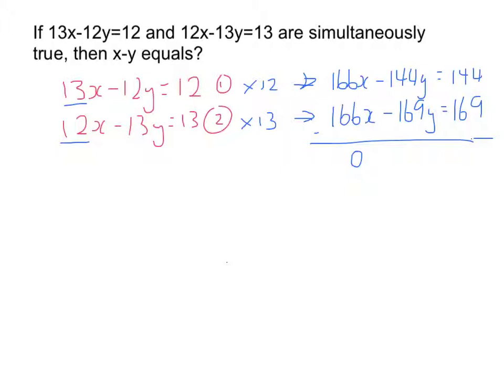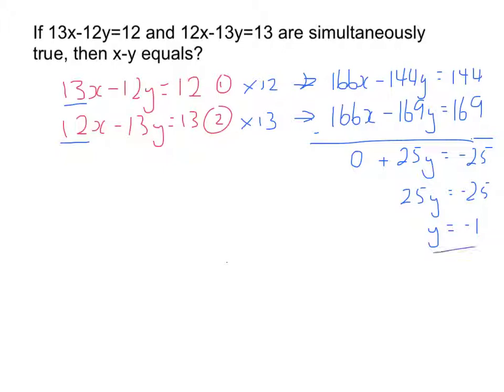So negative 144y plus 169y will equal positive 25y equals, now we have 144 take away 169 will equal negative 25. So we have 25y equals negative 25. Divide both sides by 25 leaves us with y is equal to negative 1.